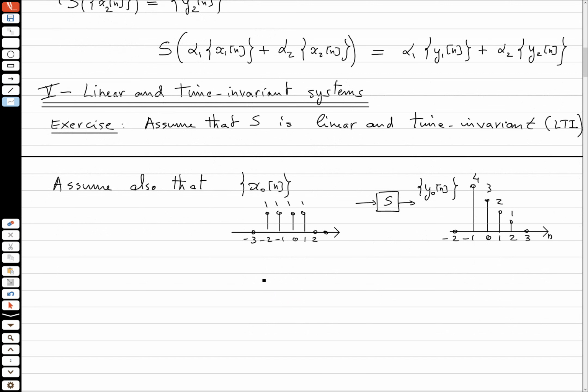So we know nothing else about the system. We only know that it is linear, it is time invariant, and it transforms this x naught of n into this y naught of n.